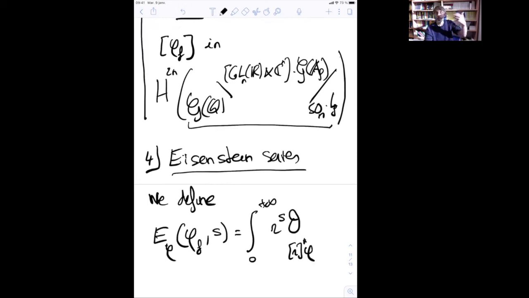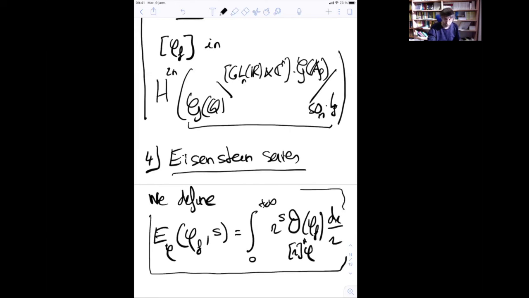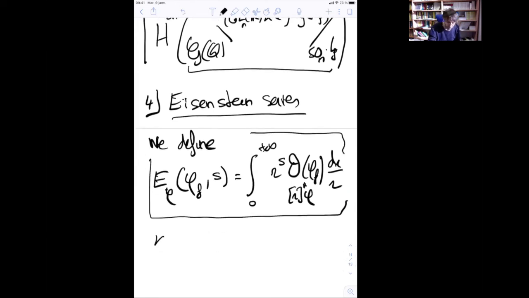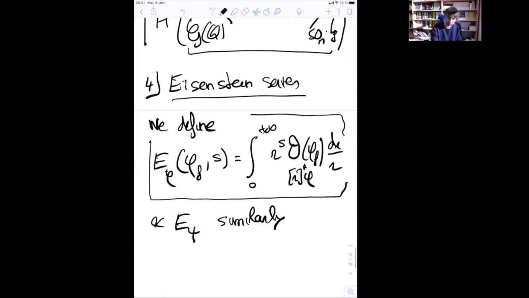We pull back by multiplication in the fiber by R, multiply by R to the S. Here we evaluate on phi f, and we take the standard Mellin transform. And of course, similarly, we can consider ipsi similarly. And now it's really the same as usual Eisenstein series, except that it has values, not scalar value, but it has values in differential form.